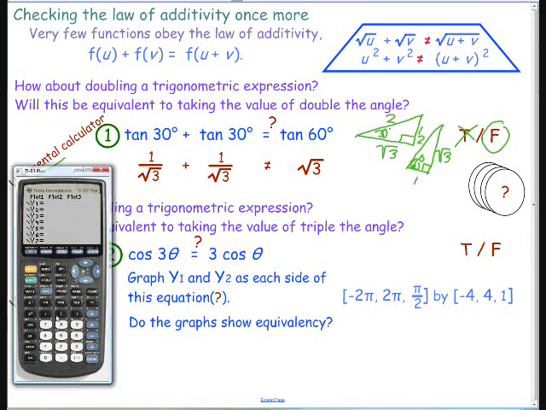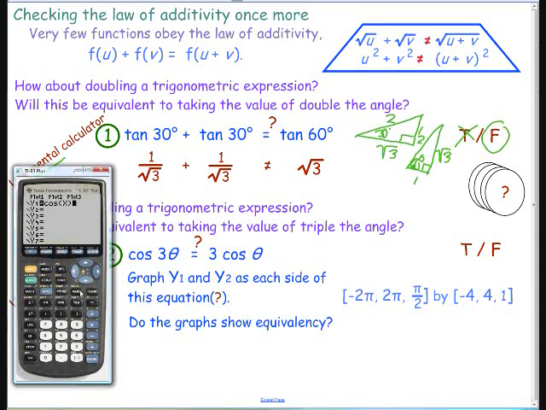Y equals, we'll put in one side. And you remember that if these are equal, when I graph y equals cosine 3x, and then I graph y equals 3 times cosine x, they'll look identical.